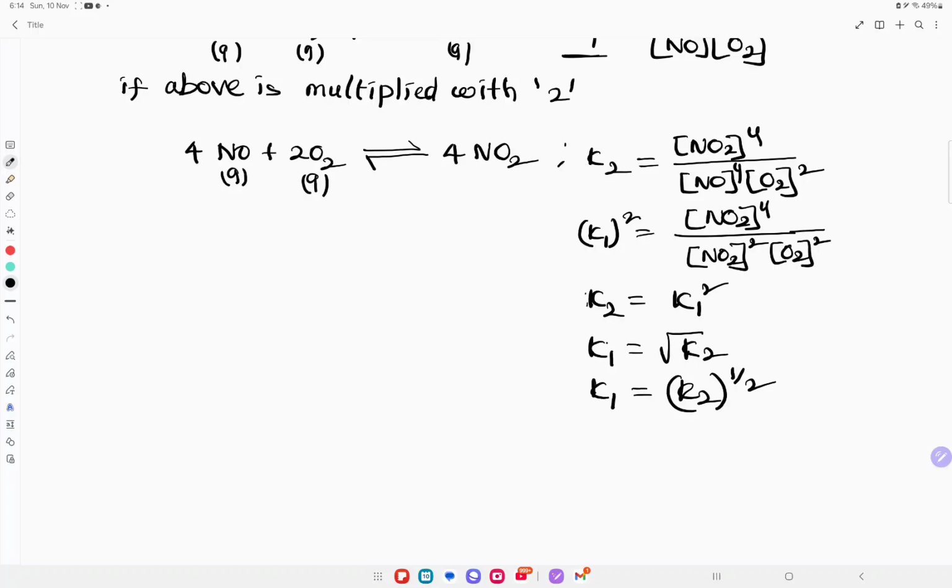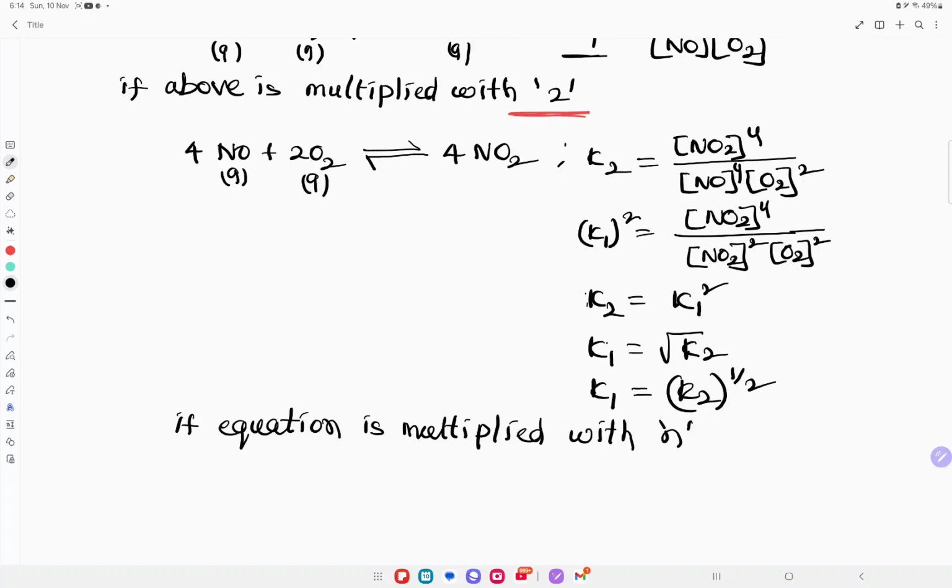See this, if the equation is multiplied with 2, then K1 becomes K2 power 1 by 2. If any chemical equation is multiplied with n, what happens? When multiplied with 2, the power became 1 by 2. If multiplied with n, what happens?